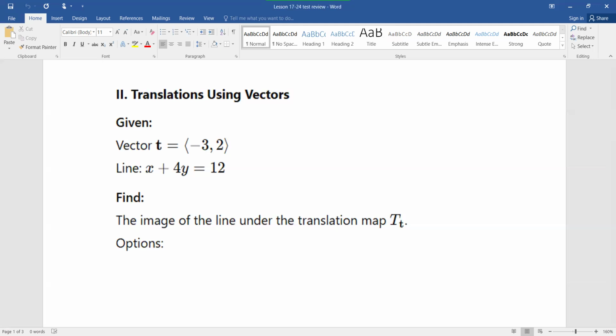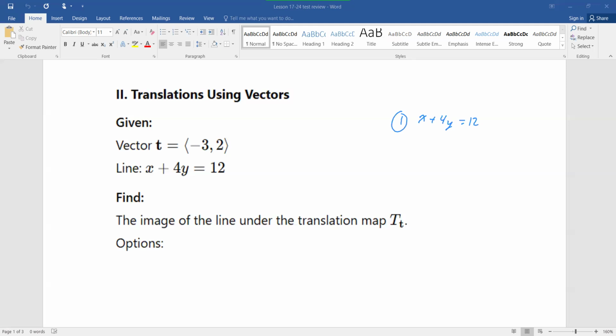For starters, we are more familiar with our linear lines in what form? Y equals mx plus b. So let's start there. So our first step here, we're going to take our x plus 4y equals 12. Let's solve for y. What did I do first? Yeah, very good.